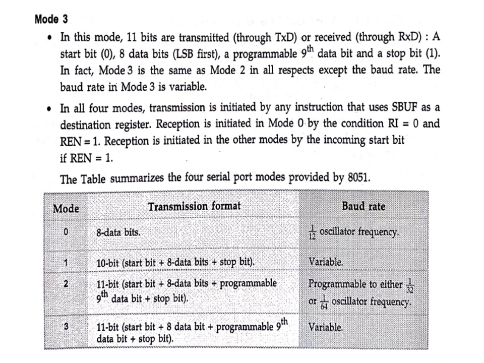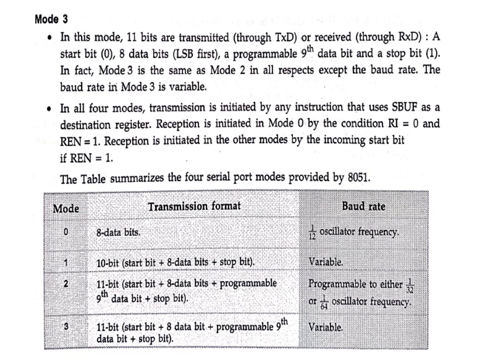Now if you come to mode 3, that is the last mode, in this mode 11 bits are transmitted through TxD or received through RxD. A start bit, that is 0, 8 data bits in the order LSB first, a programmable 9th data bit, and a stop bit, that is 1 high, are transmitted or received.